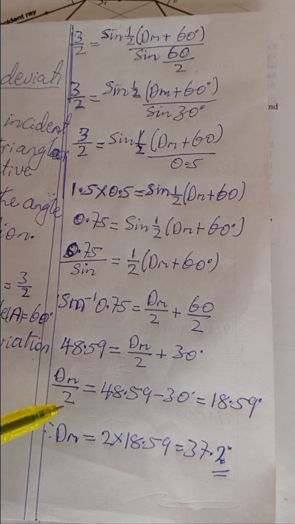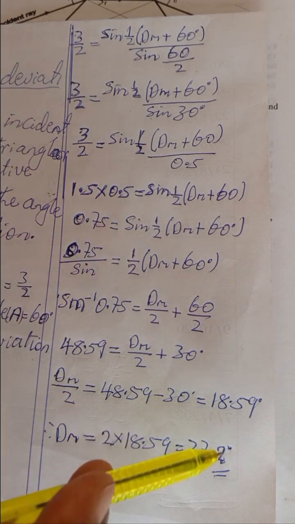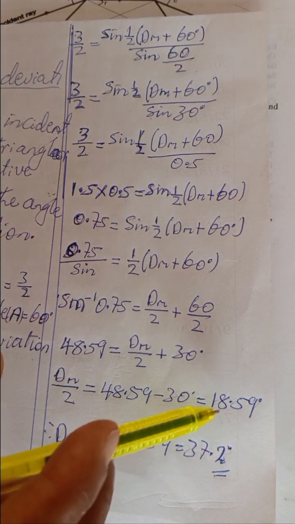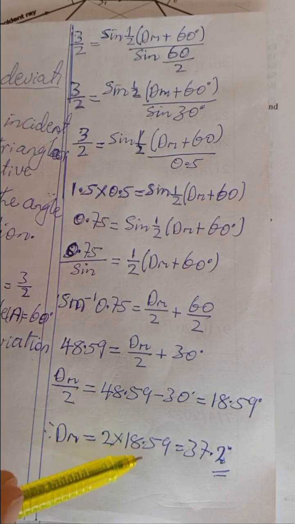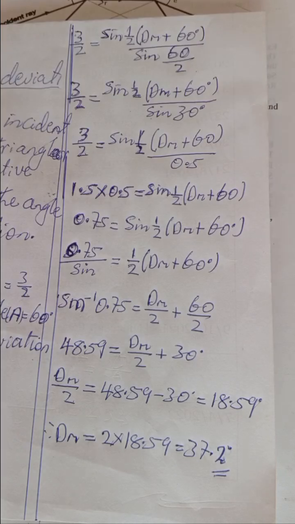At this point, if you cross multiply again, dm is equal to 2 times 18.59, which will give you 37.2 degrees.